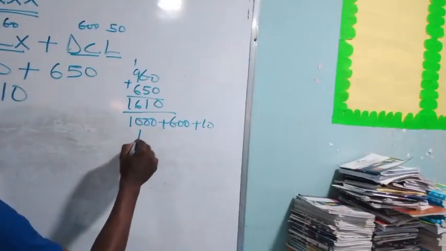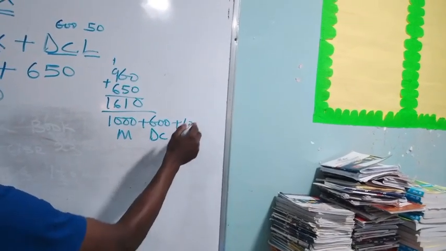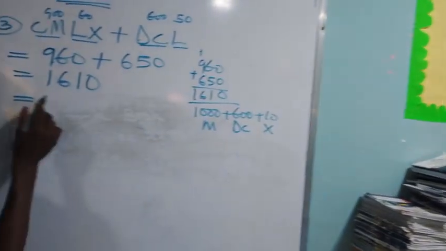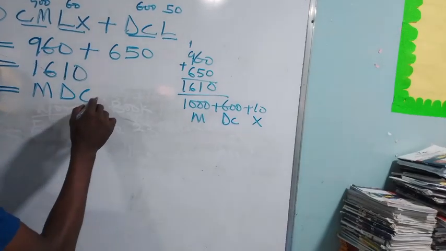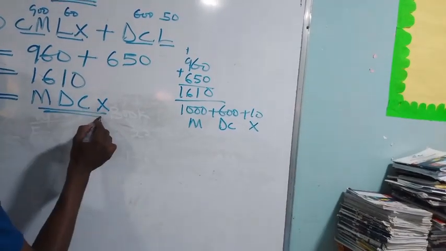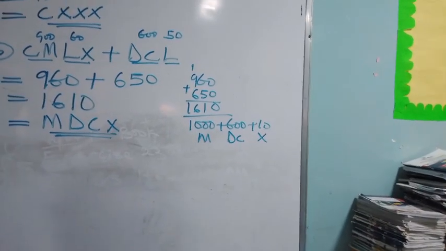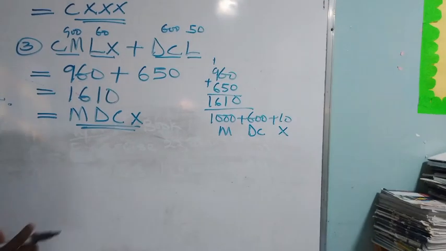Now 1000 is M, 600 is DC, and 10 is X. So you bring the three together, you have MDCX. This is how to add the Roman numerals together.